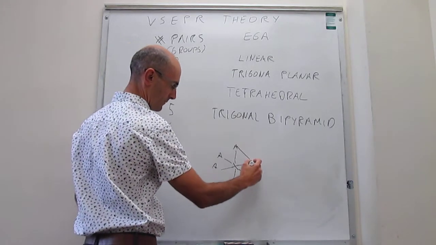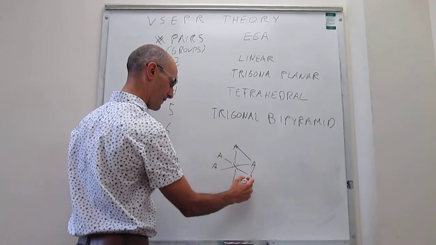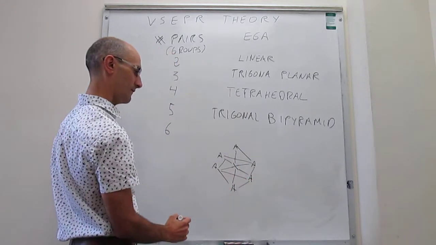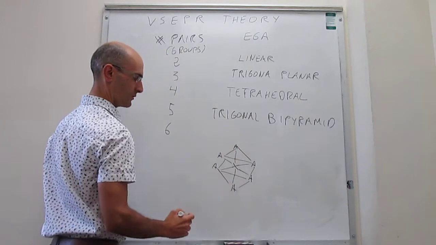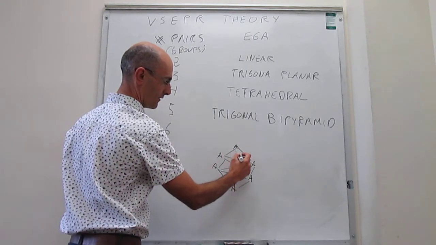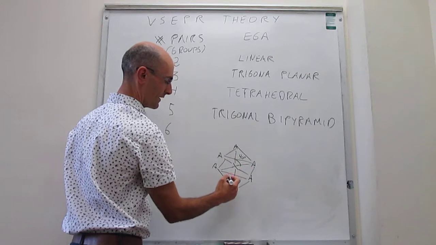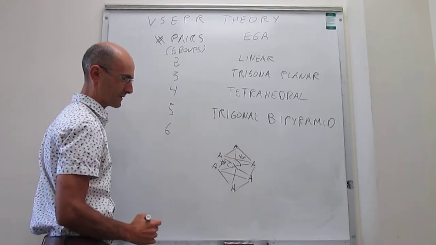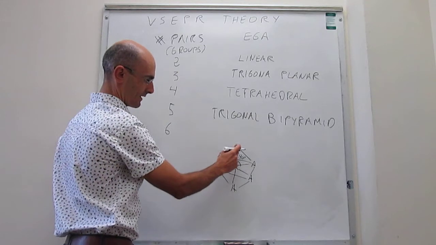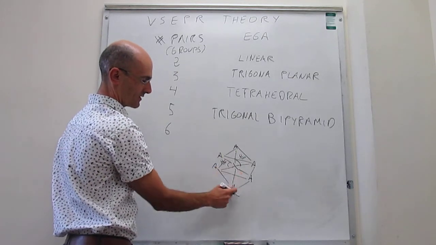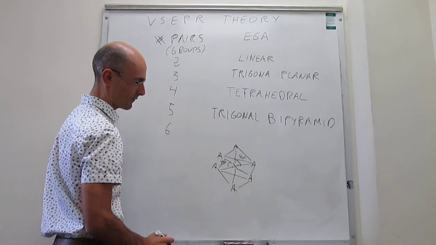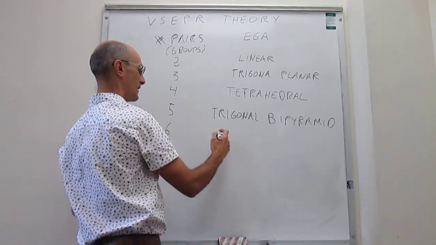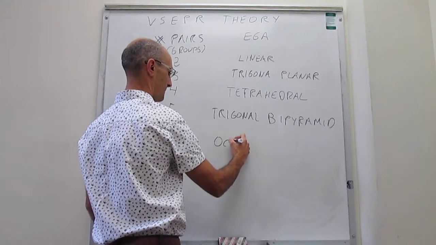An octahedron is a well-known geometrical solid where the angles between all of the bonds are 90 degrees regardless of what plane you are in, unless it's the opposite edges of the solid, where you have 180 degrees. So the electron group arrangement here is octahedral.